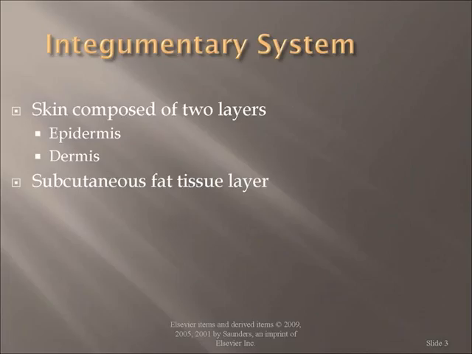Just a little refresher about the integumentary system, or the skin system. It is comprised of two layers, the epidermis and the dermis. Then you have the subcutaneous fatty tissue layer under that.